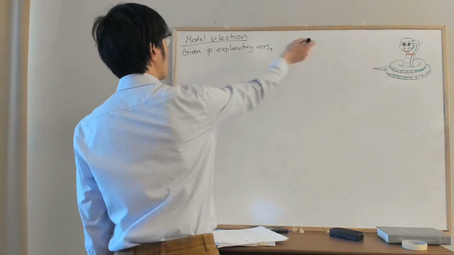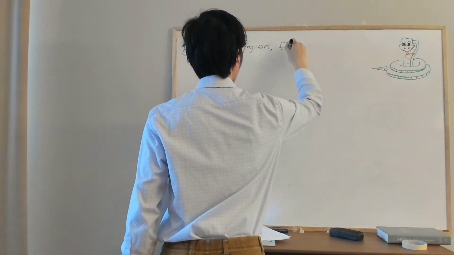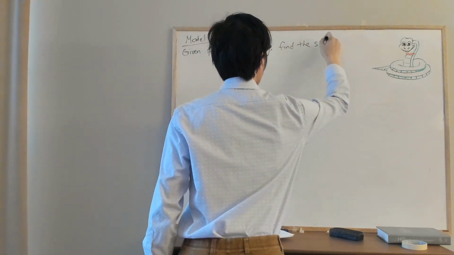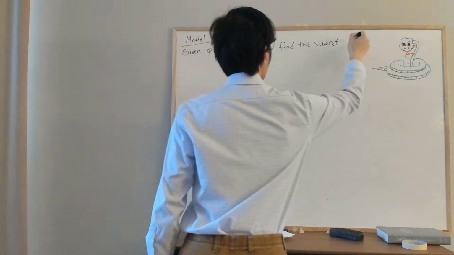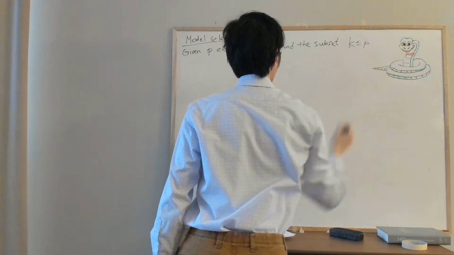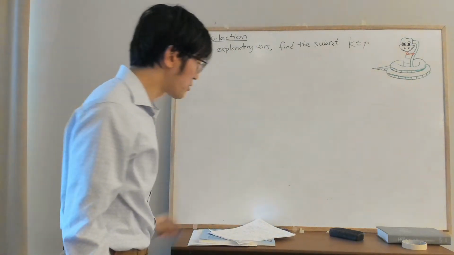Given the variables, we want to find a subset of them. Let's suppose we're going to choose a subset of size k, which is less than or equal to, of course, the number of variables we're starting with.